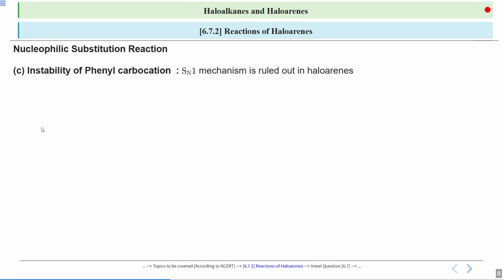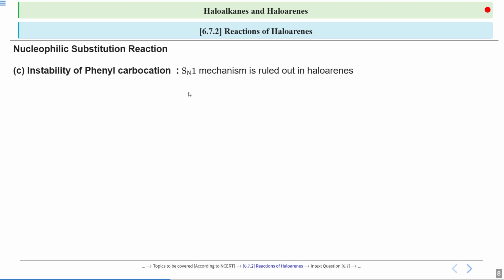The third basic reason, or third major reason, is the instability of the phenyl carbocation. So what will happen? The SN1 mechanism is ruled out in the haloarenes. Okay, what is the SN1 mechanism? Remember, substitution nucleophilic unimolecular. This is a first order reaction.